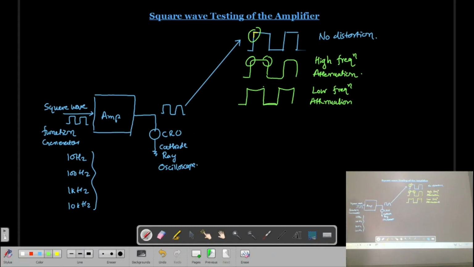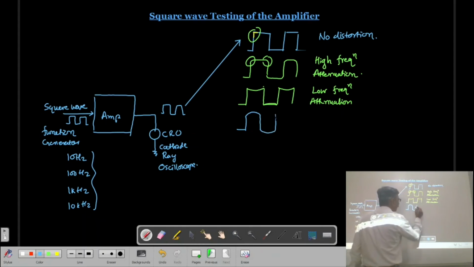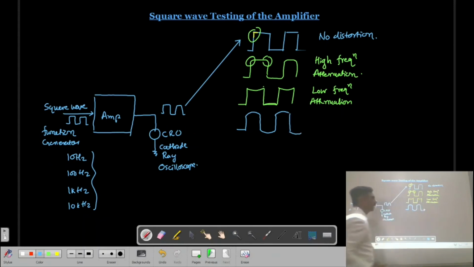Now, if we have this kind of shape, remember, here instead of a curve, we have a curve on the upper side.